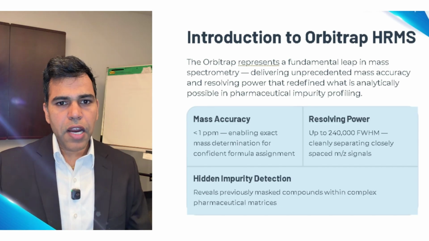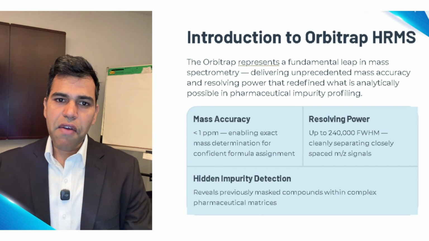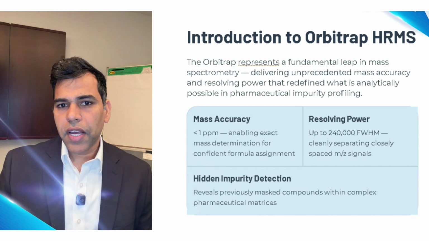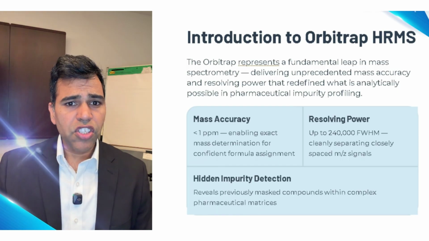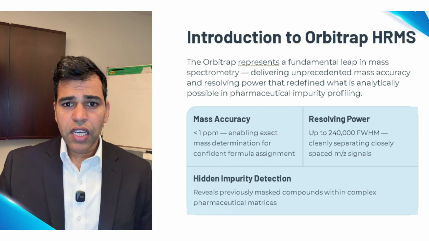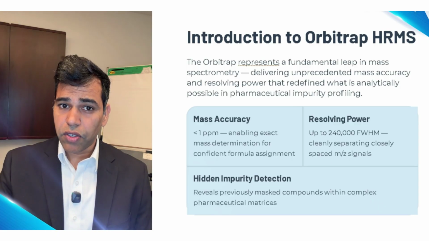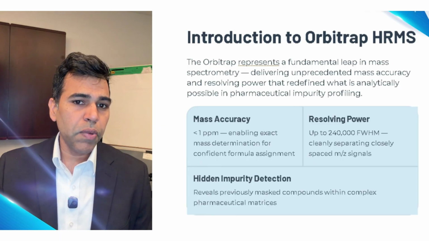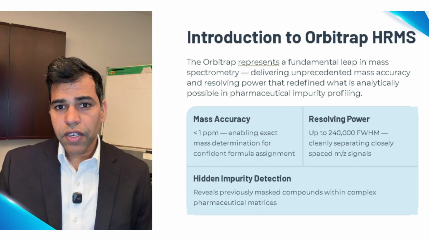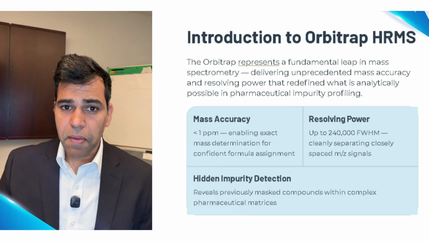Introduction to Orbitrap HRMS. This is where Orbitrap changed everything. When Orbitrap technology entered the pharmaceutical space, it wasn't just a better instrument, it was a fundamentally different way of thinking about mass spectrometry. We are talking about mass accuracy below 1 ppm, resolving power up to 240 kFWHM.